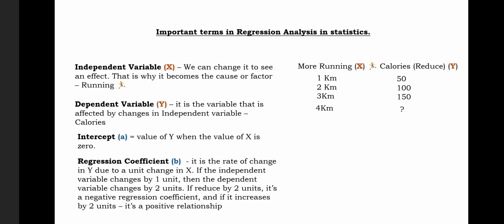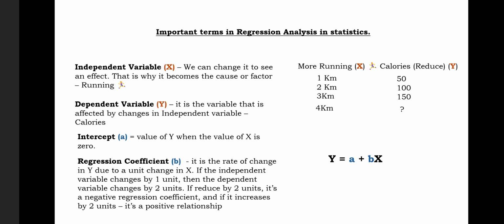Yes, we can predict it by forming a mathematical function with the help of all these four important terms. This is called a mathematical function to find out the calories for 4 kilometers.